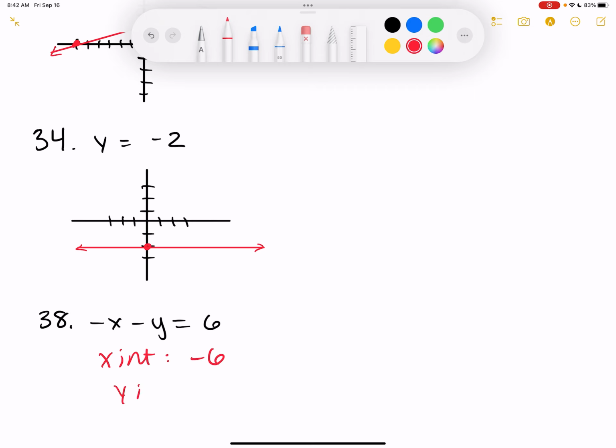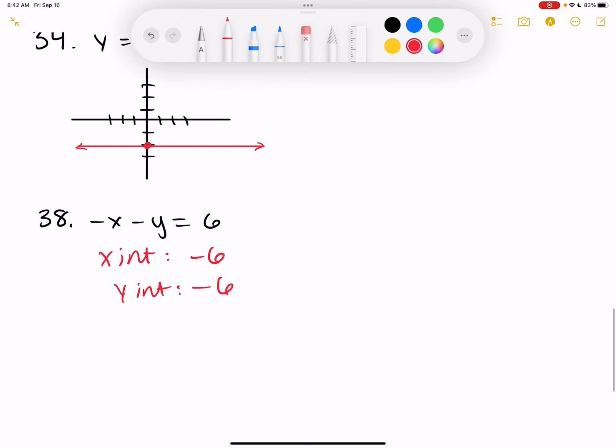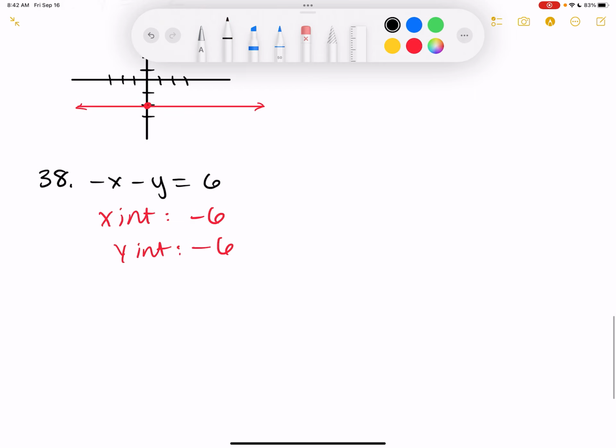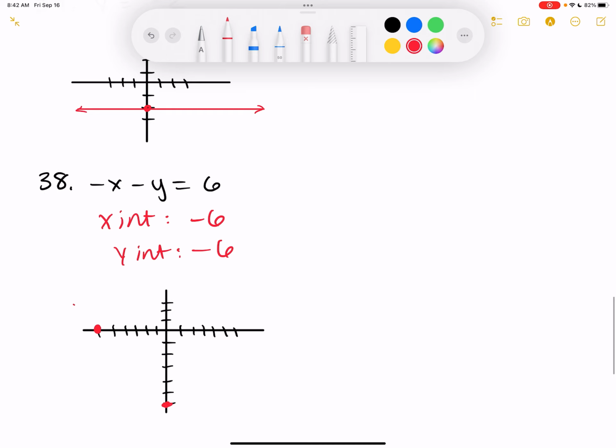And y-intercept? -6. So then we're going to put a point at -6 on the x-axis and on the y-axis, since they both are -6, and just connect them.